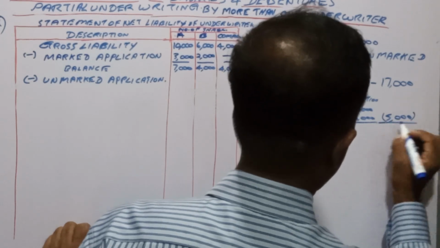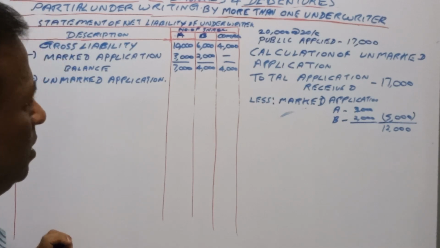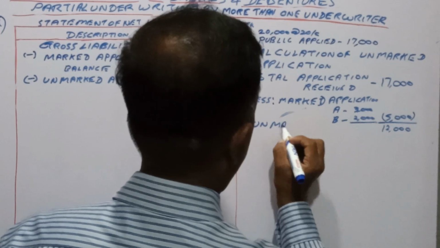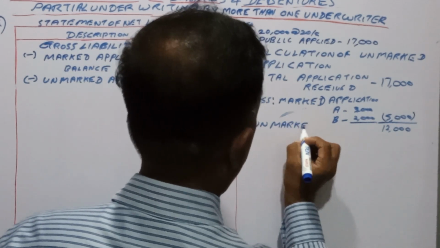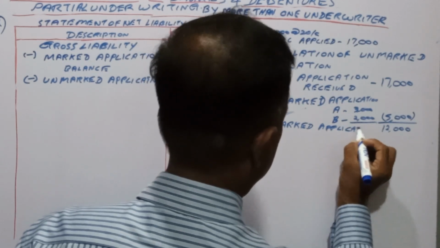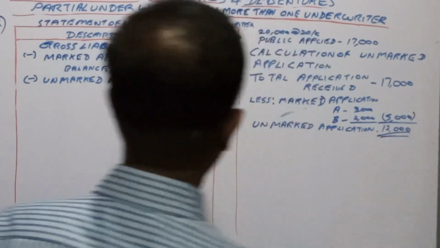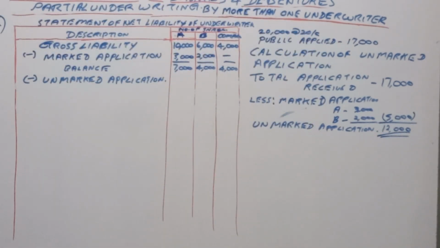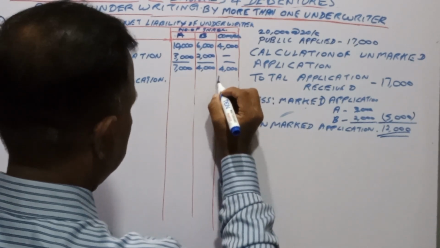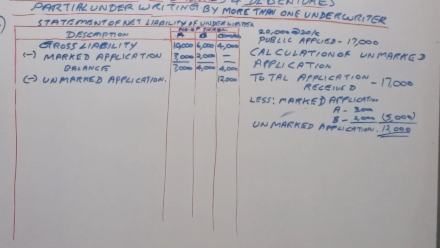You have to deduct this, then 12,000 is the unmarked application. We put 12,000 unmarked applications for the company.